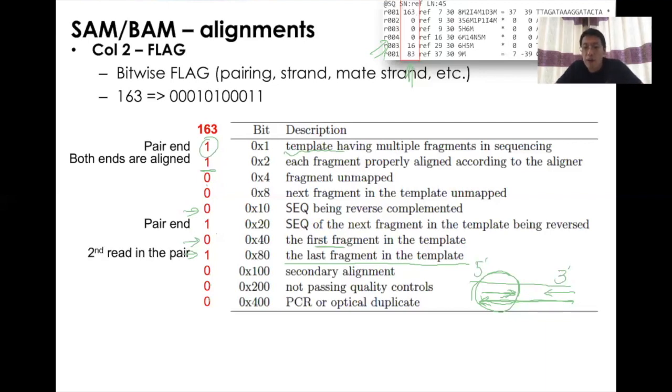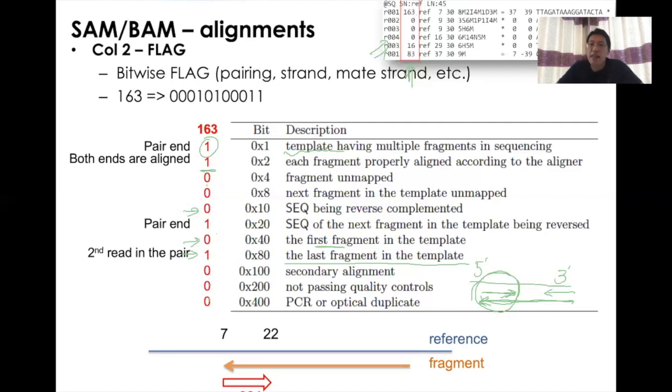If we put all this together, this is what we learned about this sequencing read: the initial DNA fragment is from 3' to 5', and then this is read 2 in this fragment, so that is from 5' end to 3' end.